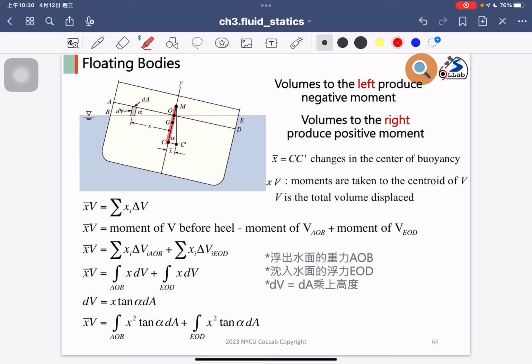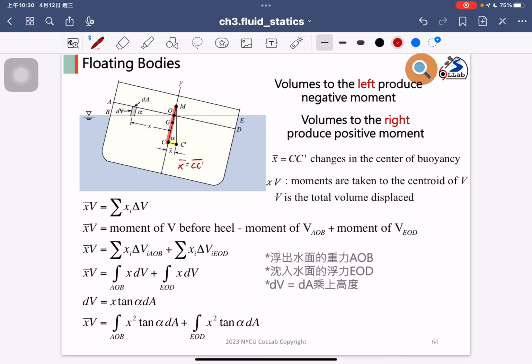So we start from the moment balance again. You can see the equation showing here. What is the x bar? X bar is the difference between the C and the C prime. So we have the x bar, which is equal to the C prime distance.